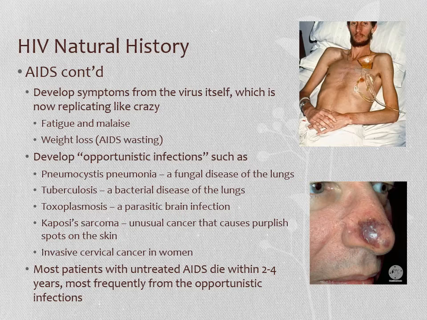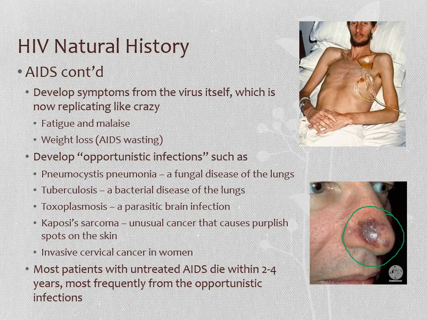Tuberculosis, which can happen to anyone, but most people with treatment we can cure it and keep it under control. But in people with AIDS, they can develop really fulminant, really severe TB or tuberculosis. Toxoplasmosis is a parasitic brain infection. Kaposi's sarcoma is this unusual cancer that causes these purplish spots on the skin.